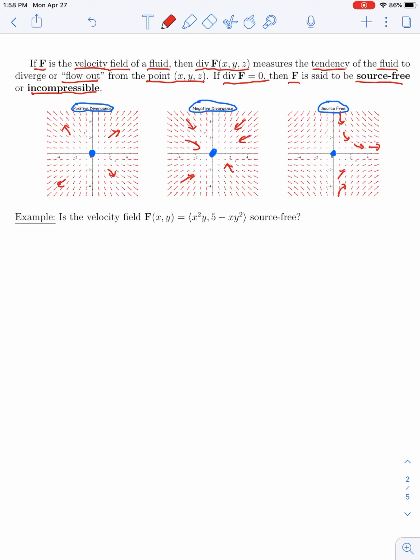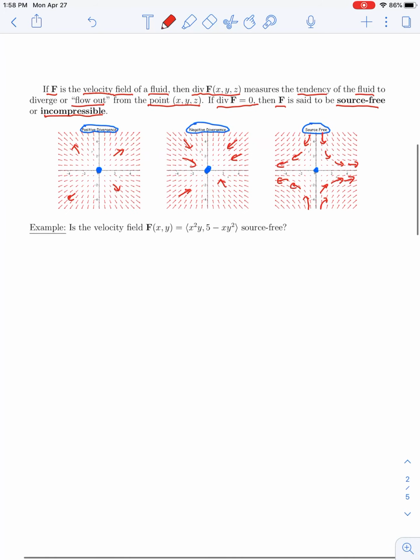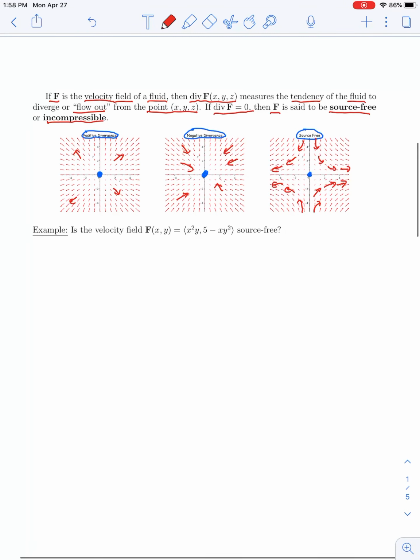And depending on what quadrant we start in, we can see that our fluid is flowing in different directions according to this velocity field. So this would be an example of a source-free vector field, where we have zero divergence for that field at the origin. As an example of this, let's consider the following.